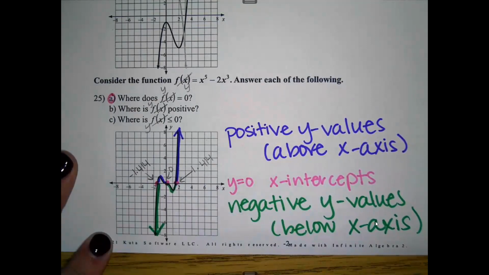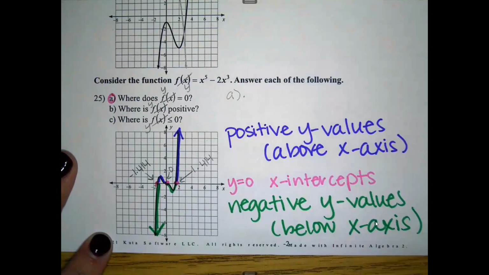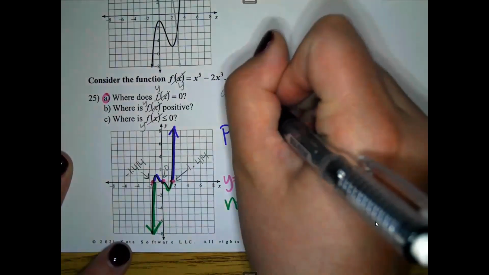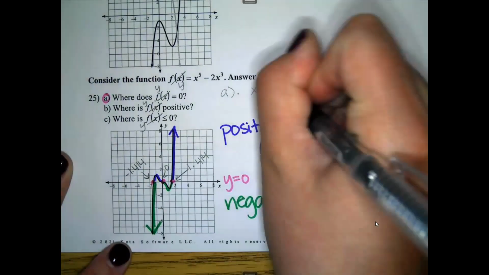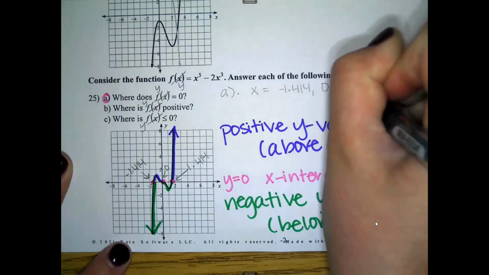Okay, so what are the 3 x values where y equals 0? Yeah, negative 1.414, 0, 1.414.